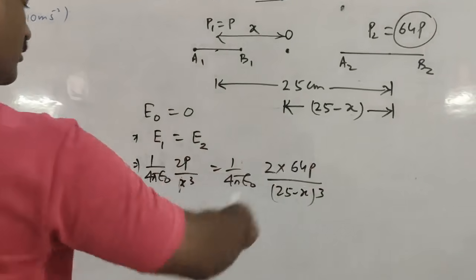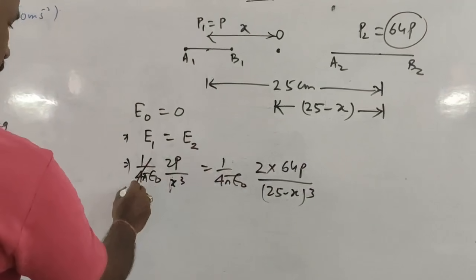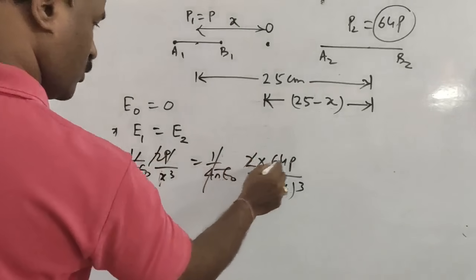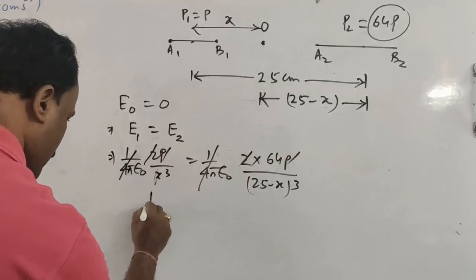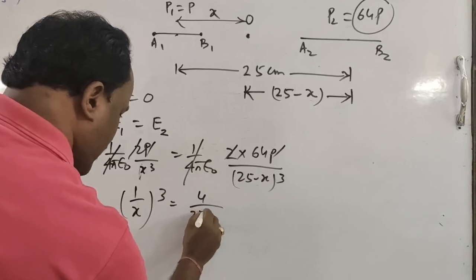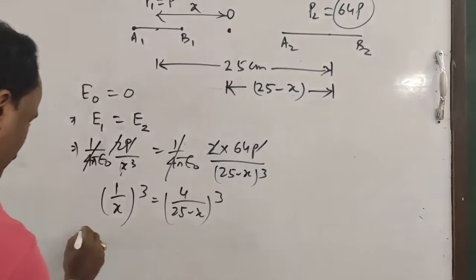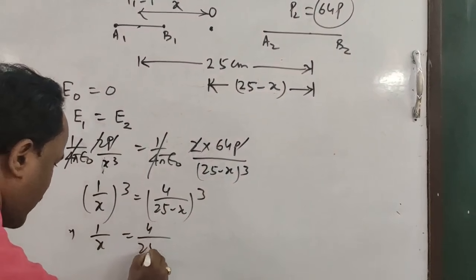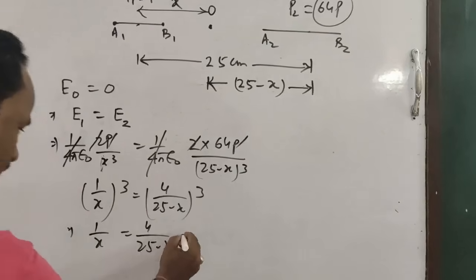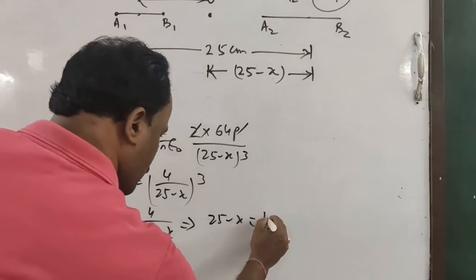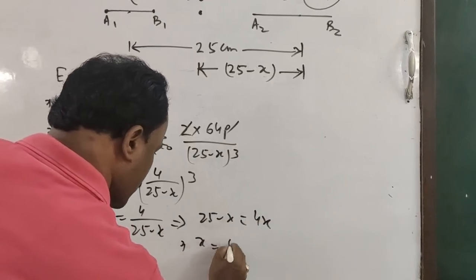Similar terms cancel on both sides, 1 by 4 pi epsilon naught and 2P, and remaining 1 by x whole cube is equal to 64 by 25 minus x whole cube. Implies 1 by x is equal to 4 divided by 25 minus x. Solving, 25 minus x is equal to 4x, implies x is equal to 5.